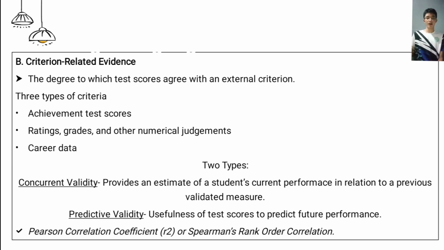For example, we have the nursing students. They take a paper examination and a practical examination. If the results of those assessments have a significant correlation with each other, then there is concurrent validity. If otherwise, then there is not.